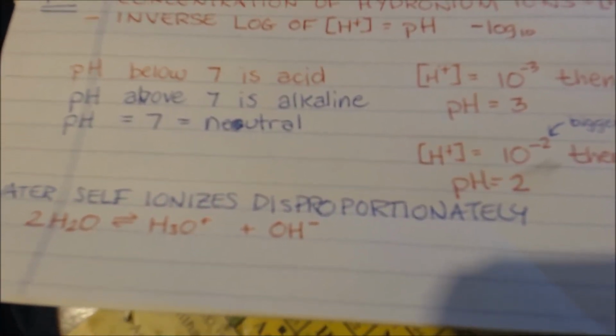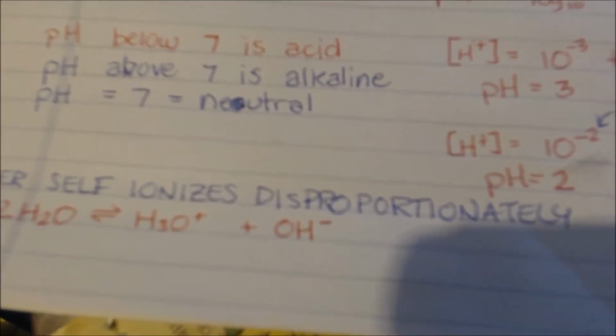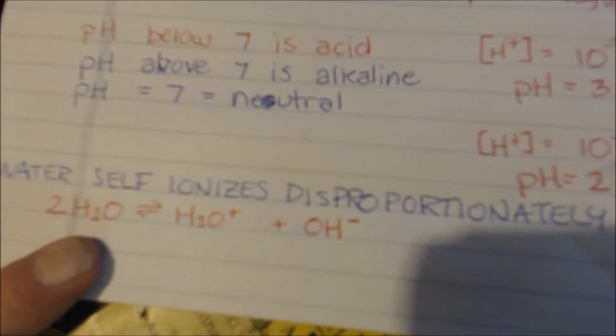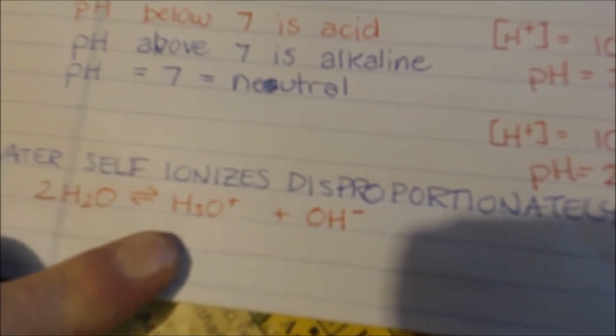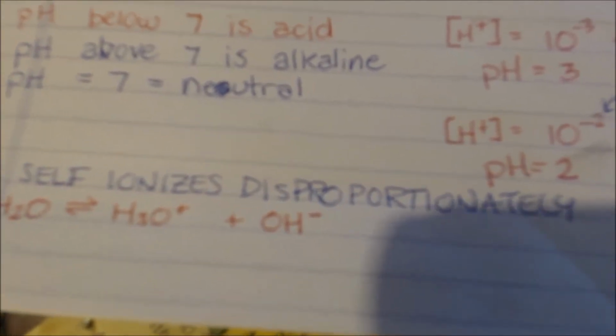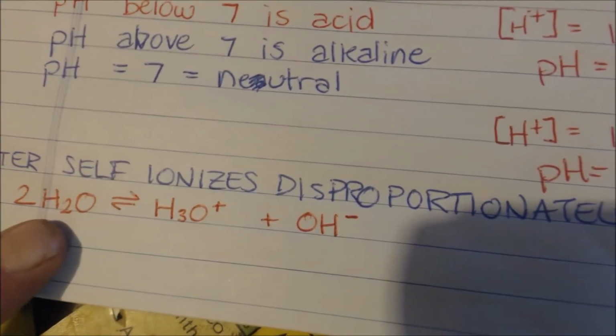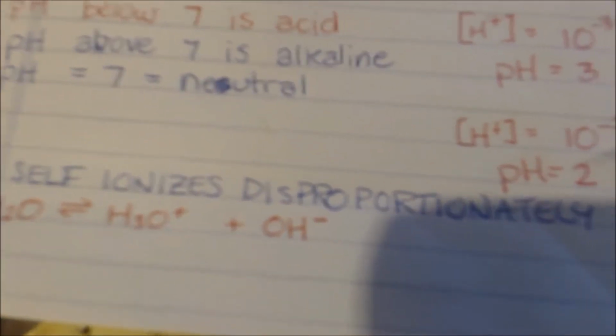Water actually self-ionizes in a disproportionate way. You can see you've got two water molecules. One gets oxidized and one gets reduced. One goes to hydronium and one to hydroxide. Now you can see each time you get a hydronium ion, you also get a hydroxide ion.